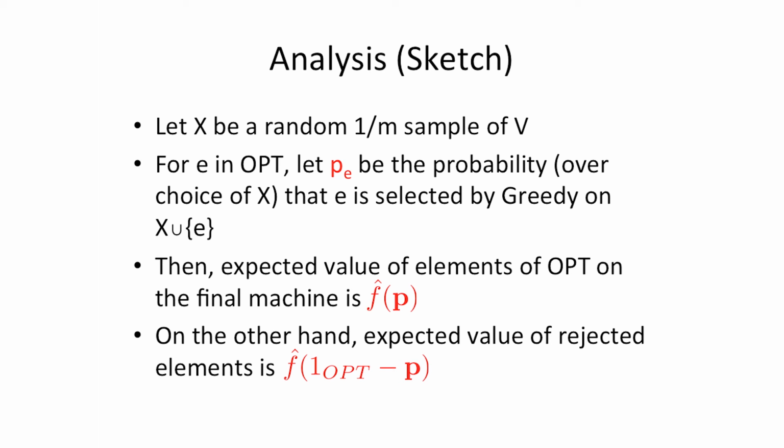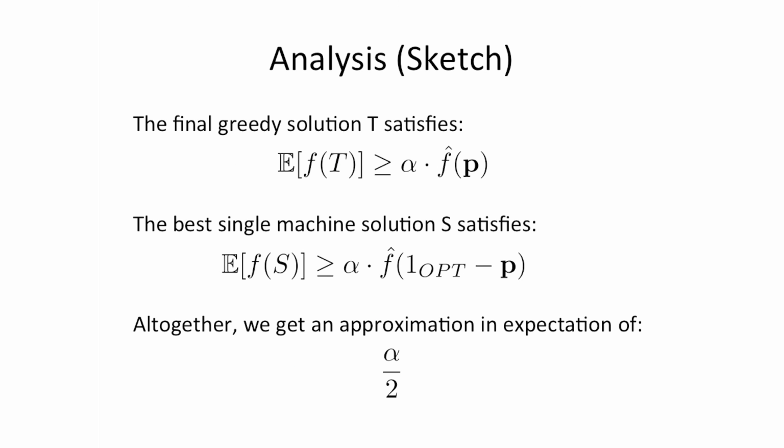Okay. So how do we leverage that? We can leverage the first observation in the obvious way. There's some subset of opt that ends up on the last machine, and we'll get enough approximation of that. So in expectation, this will give us a solution on the last machine that is about alpha times f hat of P. Okay?